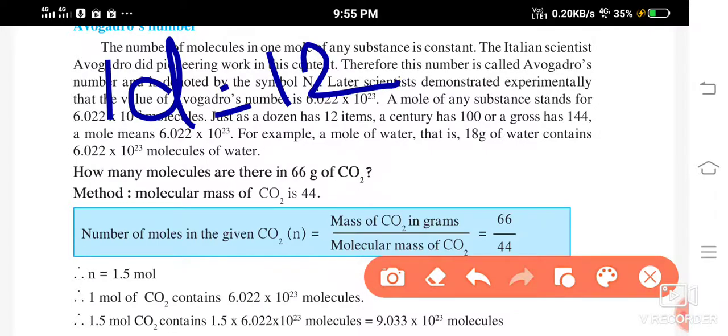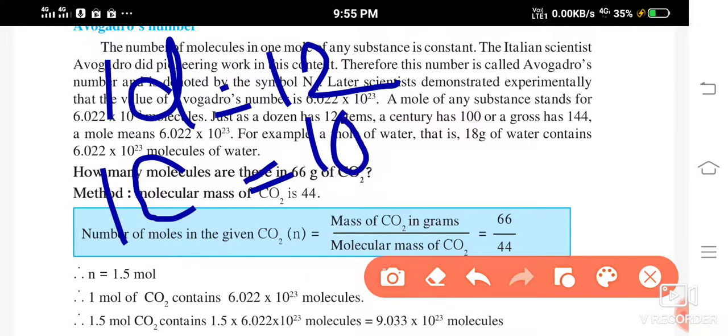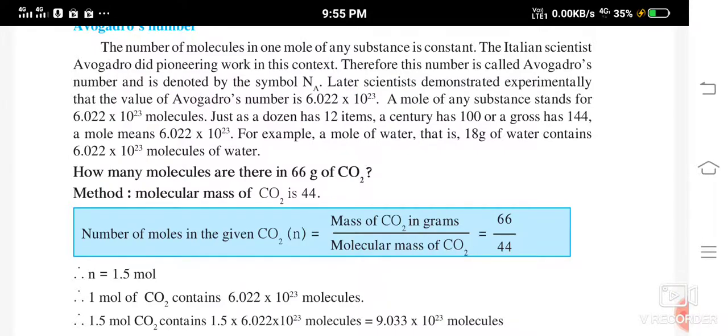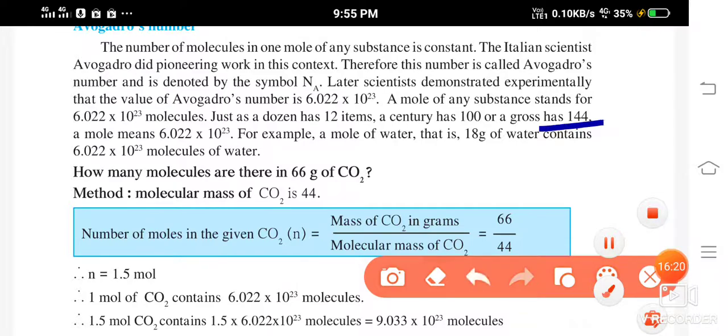If you take a century, 1 century, it's going to be 100, right? If you take a gross, it is 144. If you take a mole, then it's going to be 6.022 into 10 to the power of 23.